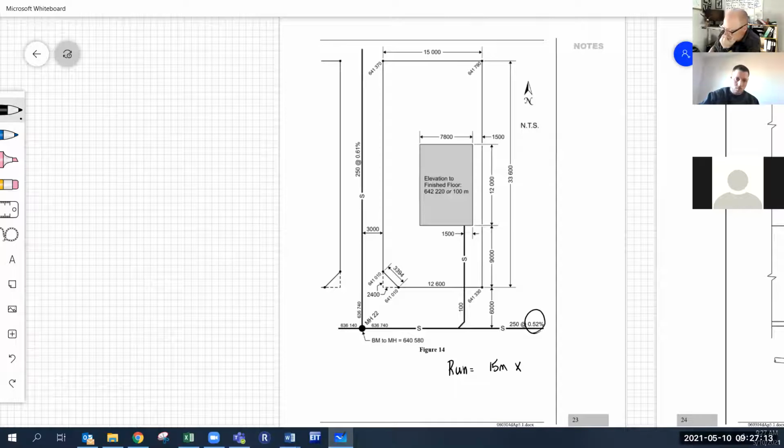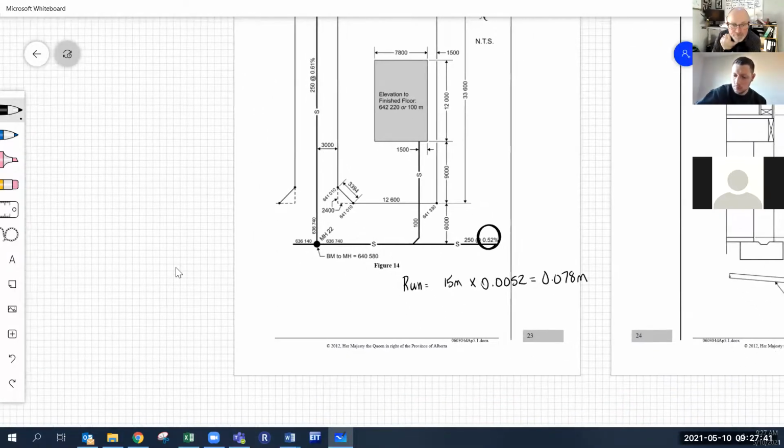So 0.52 divided by 100, so I multiply by 0.0052, and that equals 0.078 meters. That is the amount of rise.